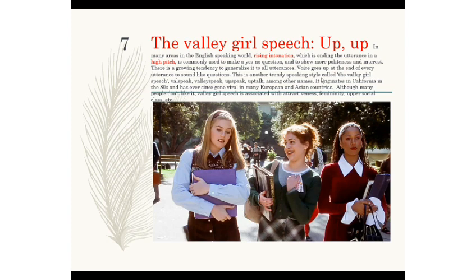It originates in California in the 80s and has ever since gone viral in many European and Asian countries. I'm using up talking now. Although many people don't like it, Valley Girl is associated with attractiveness, femininity, upper social class, etc.